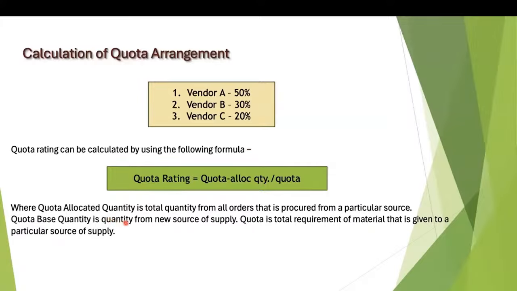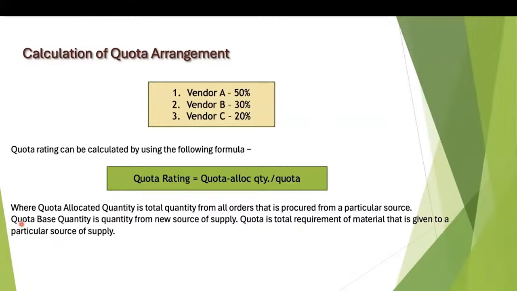Where quota allocated quantity is the total quantity from all orders, so how much is already ordered, the total quantity procured from a particular source. The quota base quantity is the quantity from a new source of supply. So quota is the total requirement of material that is given to a particular source.